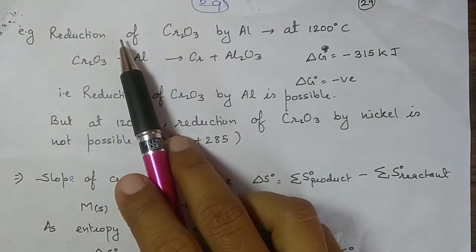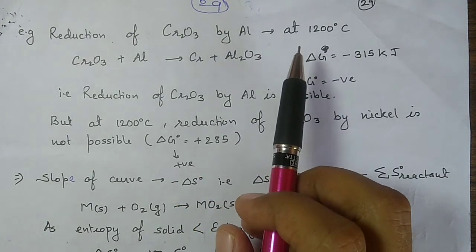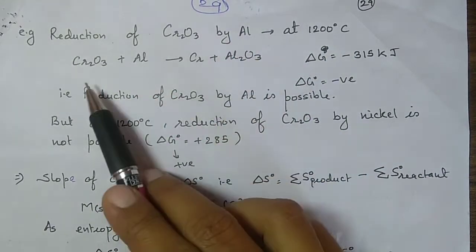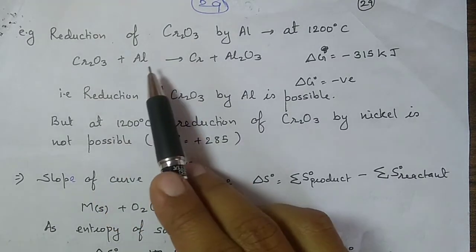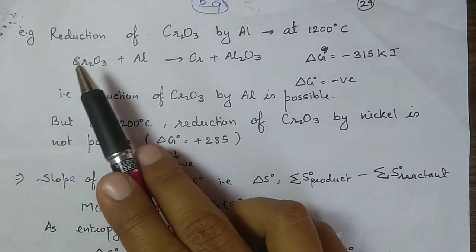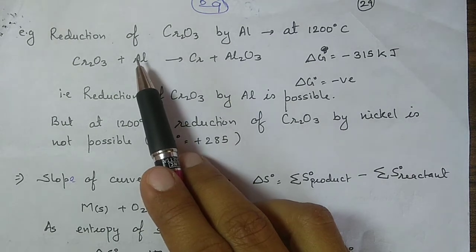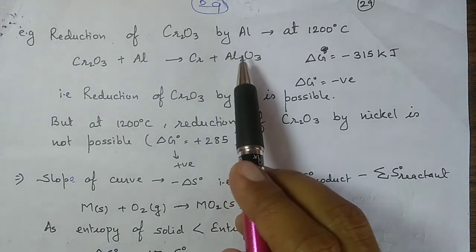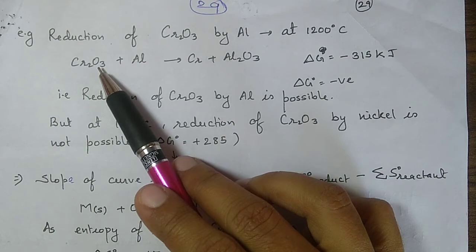For example, the reduction of chromium oxide by aluminium at 1200 degrees centigrade. Okay, if you consider it, this aluminium can act as a reducing agent, right? And this can convert this chromium oxide to chromium by converting itself into aluminium oxide, because aluminium oxide is more stable than the chromium oxide.